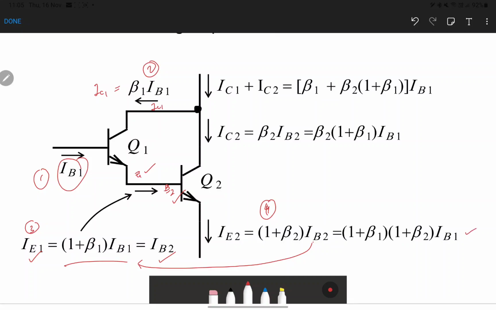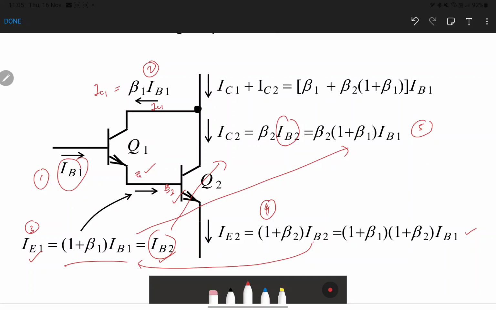The fifth step, now that we have IB2, we can find IC2. IC2 equals beta 2 times IB2, where you replace the IB2 formula inside the equation, so you get beta 2 times 1 plus beta 1 times IB1.